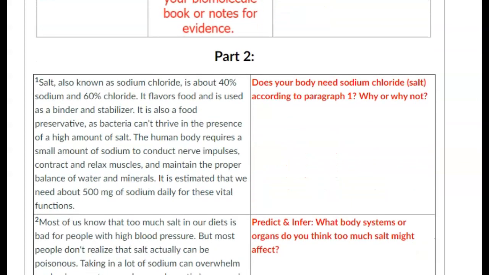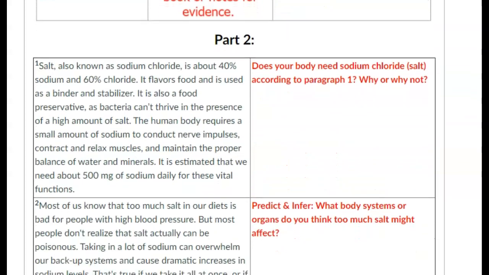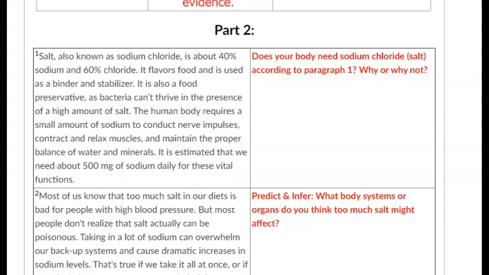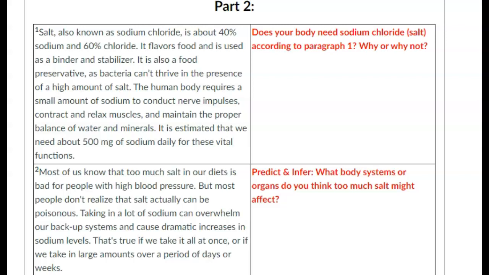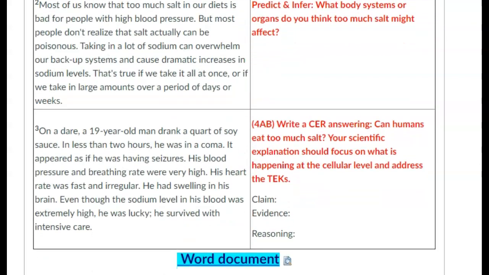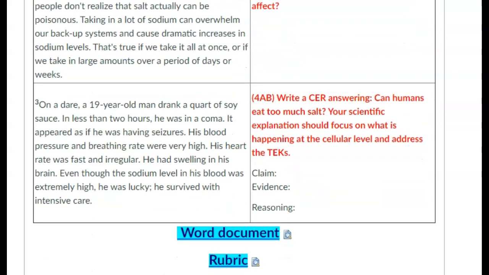And then there's a reading to provide you some scientific background about salt and salt in the body. And you read those, and you have guiding questions for each paragraph. And then finally, you have a claim, evidence, and reasoning to do, where you synthesize your TEKS and this reasoning. And the stimulus is too much salt.